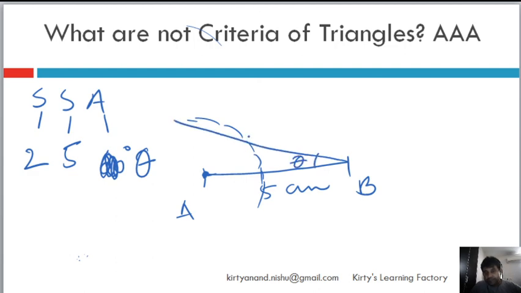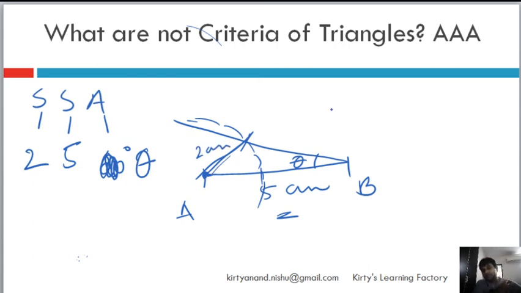Let's say it intersects the arc here, so that then we get a triangle like this, right? But in the other triangle, if I get, let's say, 5 centimeter, now it is cutting it here, and this distance is 2 centimeter, okay, and this is theta.